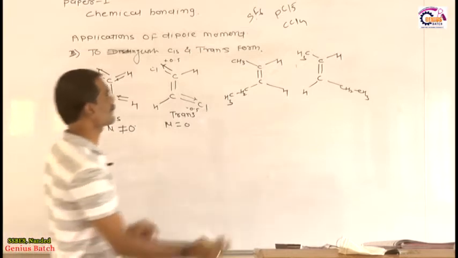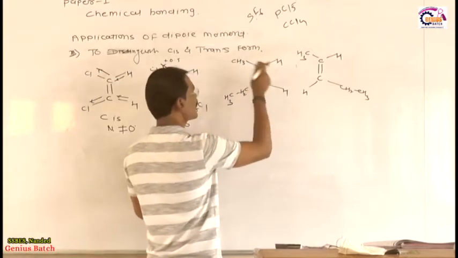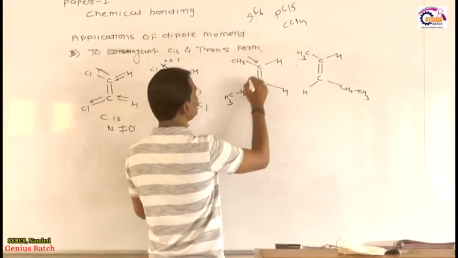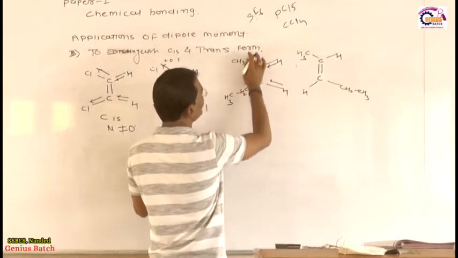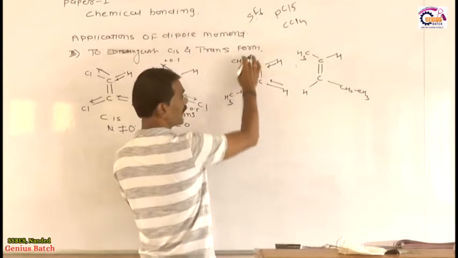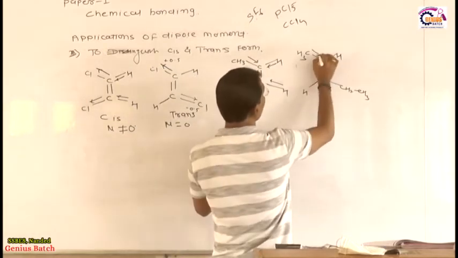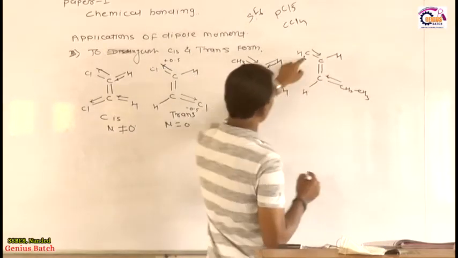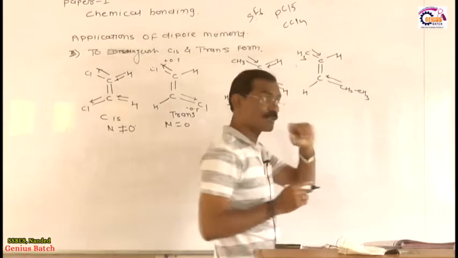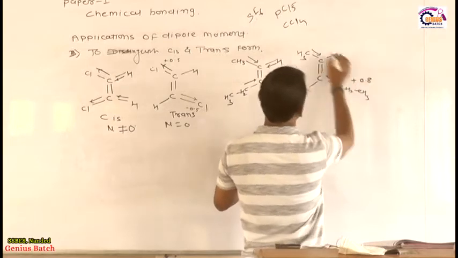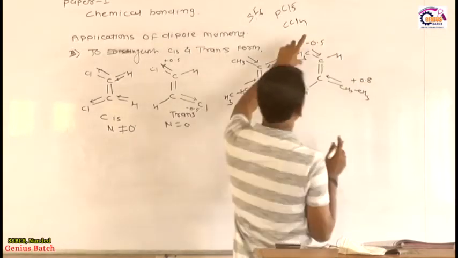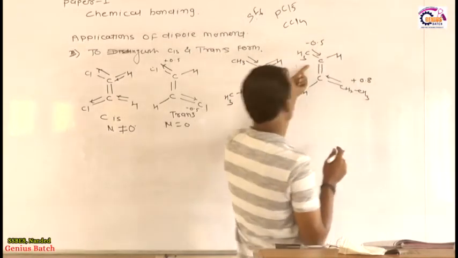Now, dear students, what happens here? The direction is from less electronegative to more electronegative. Both have the same sign, but the magnitude is different now. The directions are opposite, but it is not equal to 0 now. Why? This one may have plus 0.8 and this one minus 0.5, because this is an ethyl group and this is a methyl group.